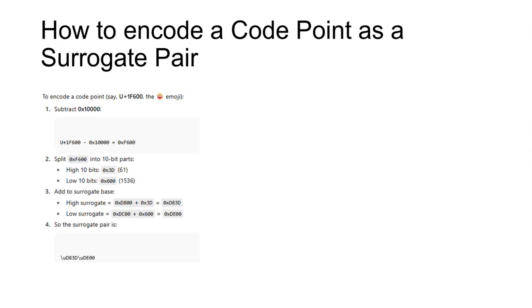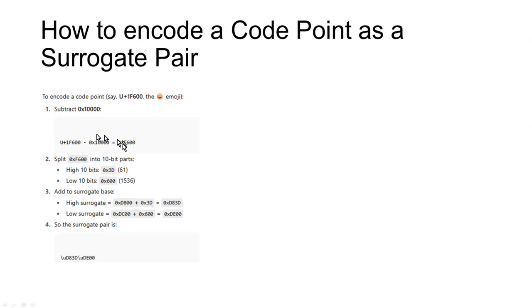This is how you encode them. If you have a Unicode code point like 1F600, the algorithm is simply that you first subtract hex 10000, and you can see this subtraction taking place. You're going to see two notations here: 0x followed by digits, or U plus. In the Unicode documents, they'll always show this as a U plus followed by 4 or 5 hexadecimal digits.